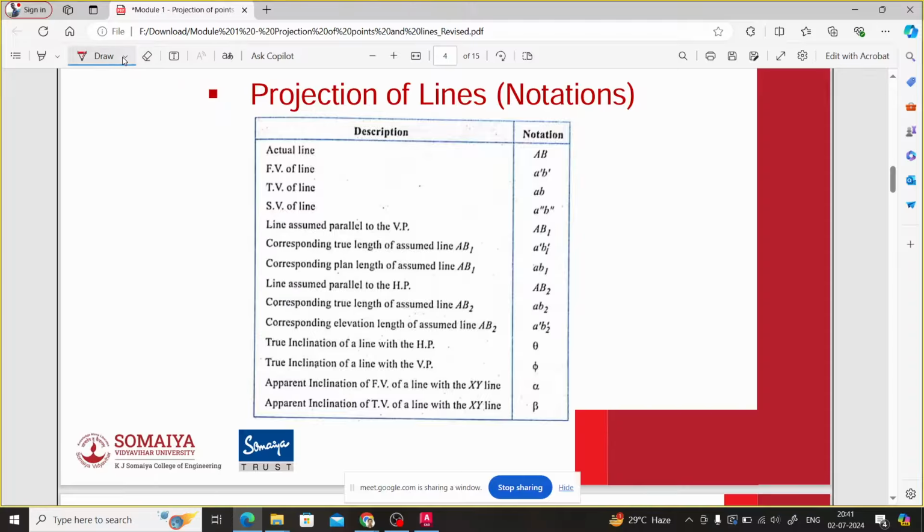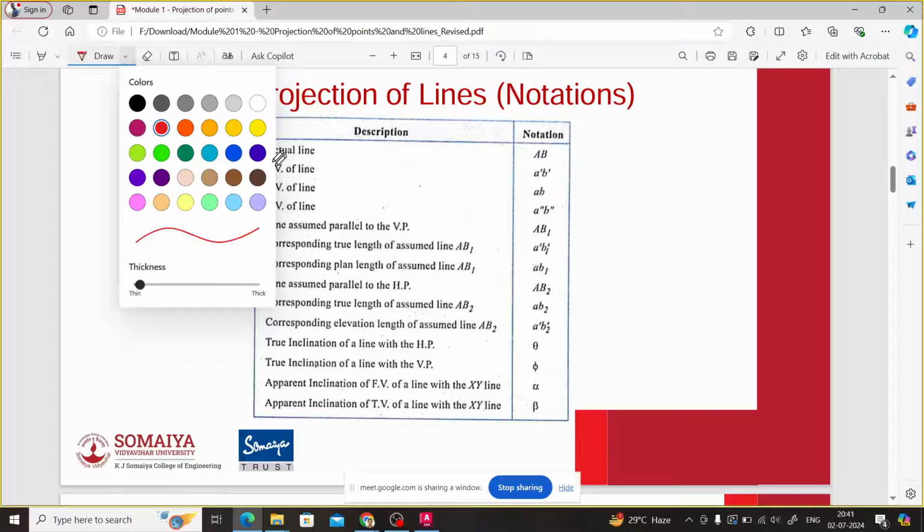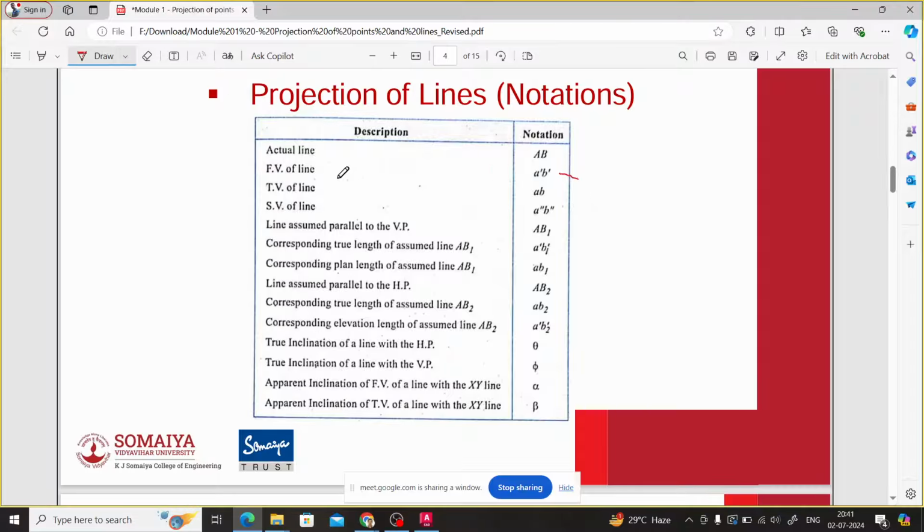Just to revise, as far as lines are concerned, we will be focusing on the front view, top view, and then just focus only at the moment on the rotations.